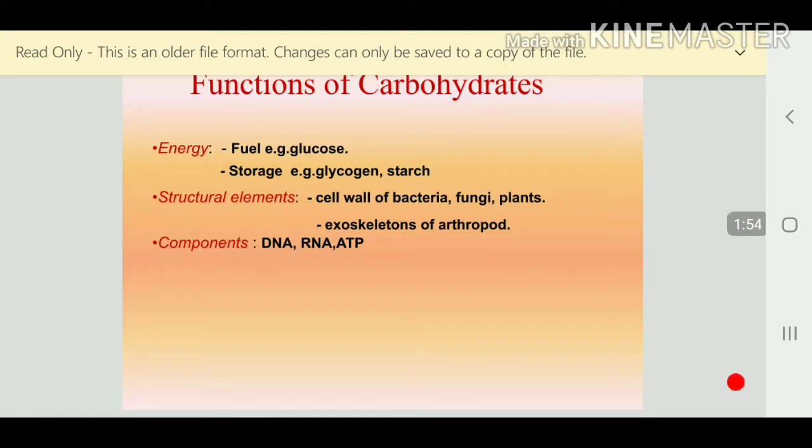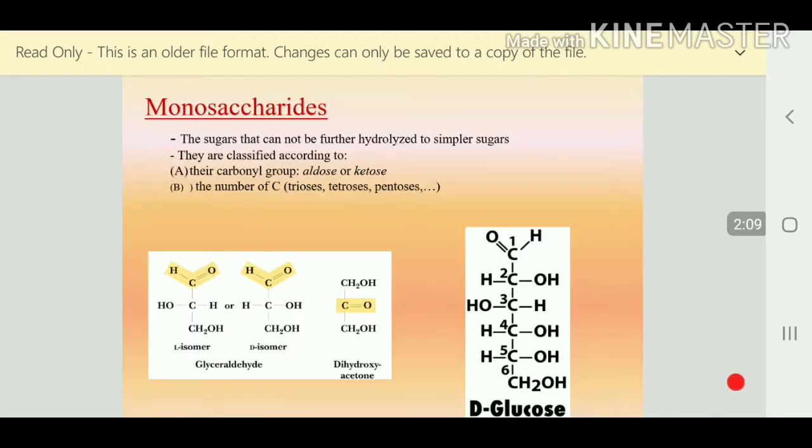Then some of the monosaccharides, for example ribose and deoxyribose, are components of DNA, RNA and some of the nucleotides like ATP. What exactly are monosaccharides? They are the sugars that cannot be further hydrolyzed to simpler sugars, and they are polyhydroxy aldoses or ketoses.